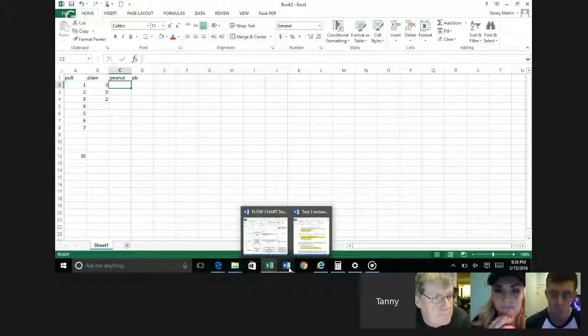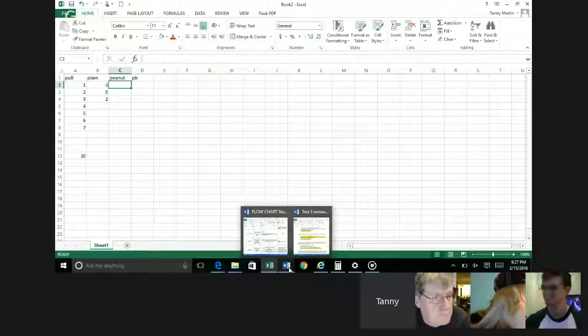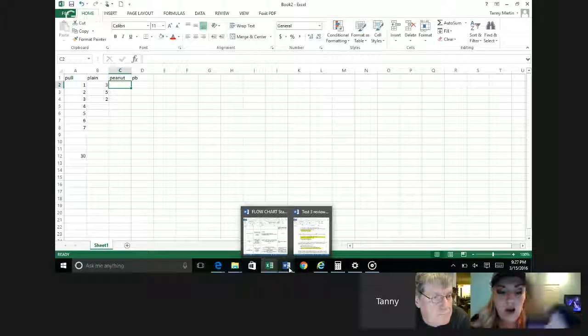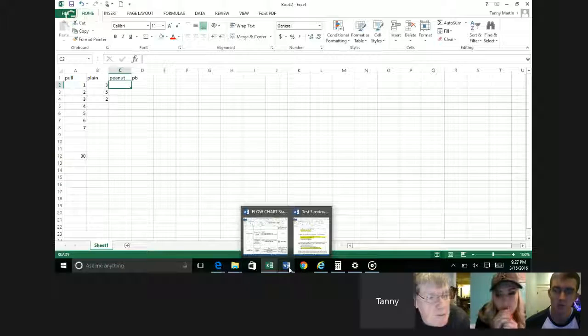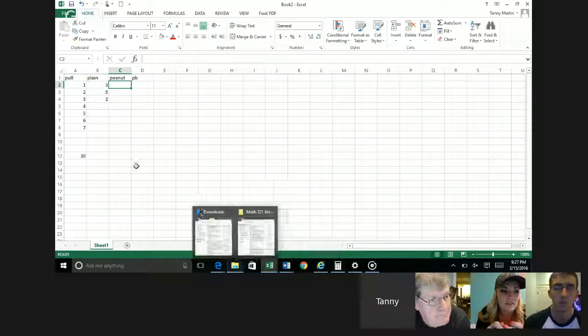No, I'm saying 30 qualifies it because then we can assume that it's an evenly distributed sample because it's a large number. Oh, okay. That was why I was saying 10 times per type of bag, whether it's plain, peanut, or peanut butter, so that we would have at least 30 choices.